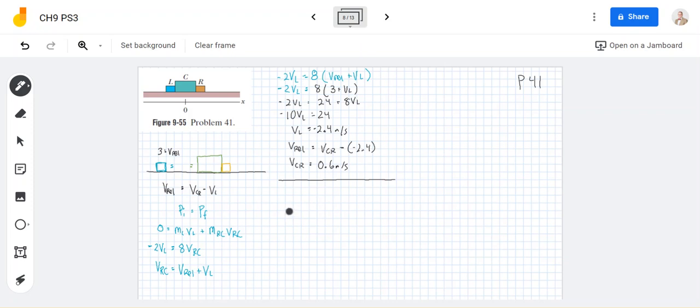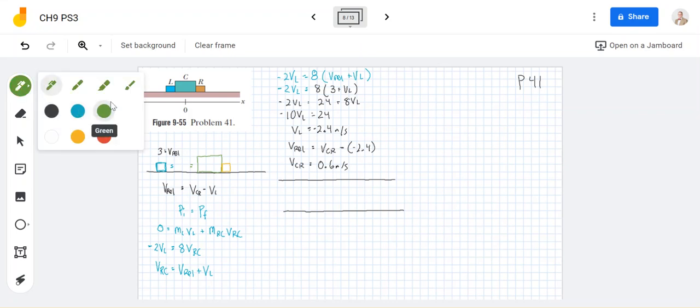So what's interesting about this one is that in the after picture, let's look at the before picture first.